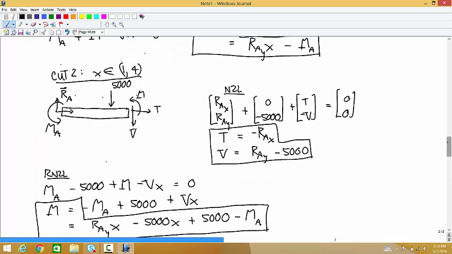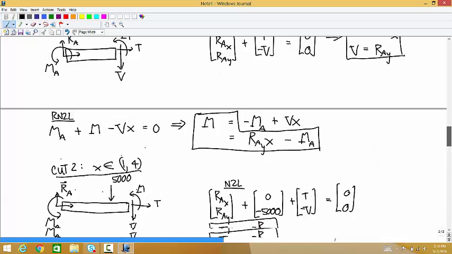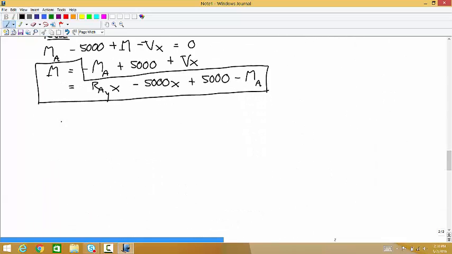So this is what I was saying before I started doing this internal loads calculation. If you look at the internal tension, it doesn't change anywhere along the beam. It's just equal to negative RAX the whole way. So we can just do this as a single piece, we don't have to break it up into two pieces. Both pieces are going to work exactly the same. So our elongation due to tension is equal to TL over EA.